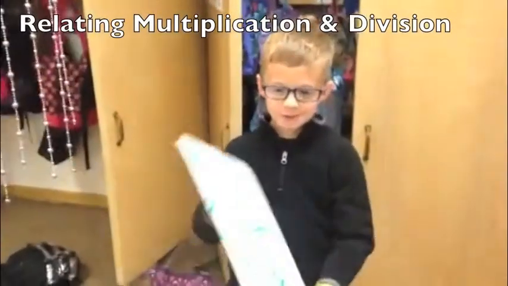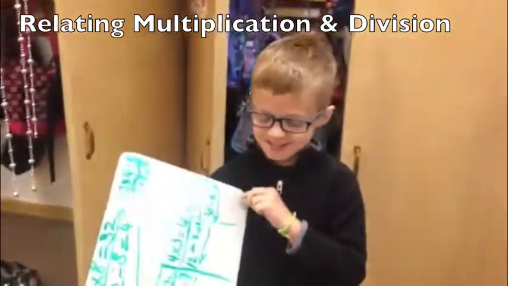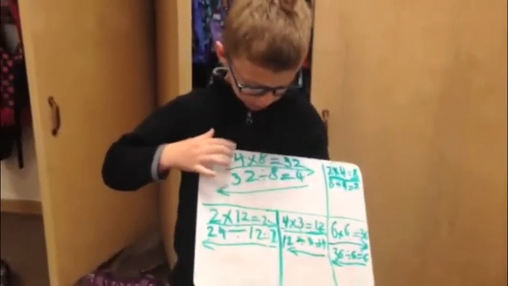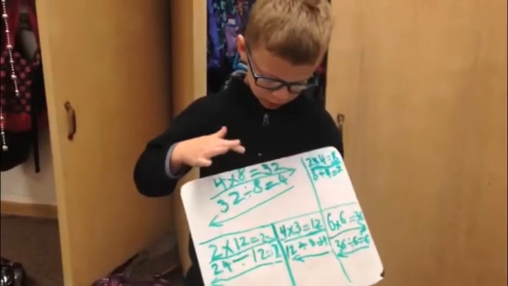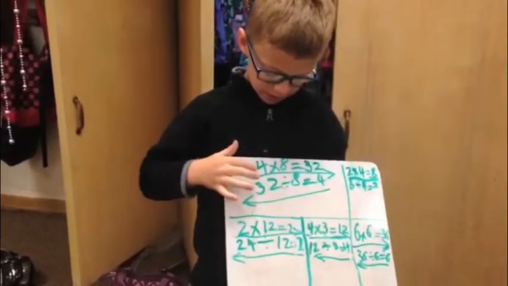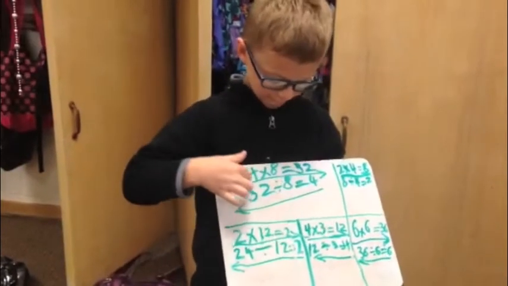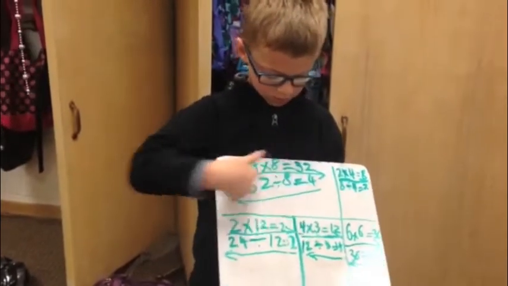I would like to show you why multiplication and division are opposites. Because 4 times 8 equals 32, and then 32 divided by 8 equals 4, and they're just backwards and forwards.